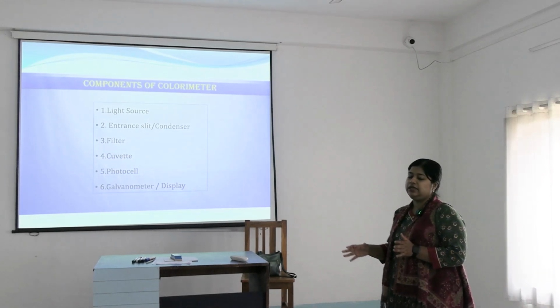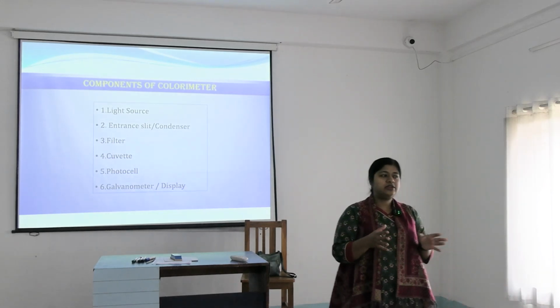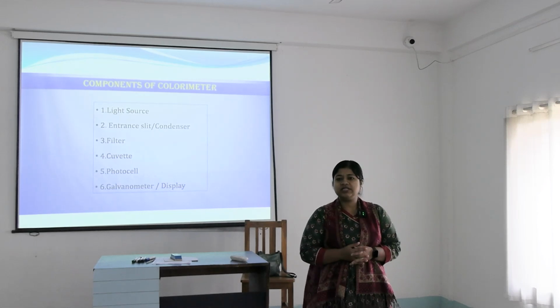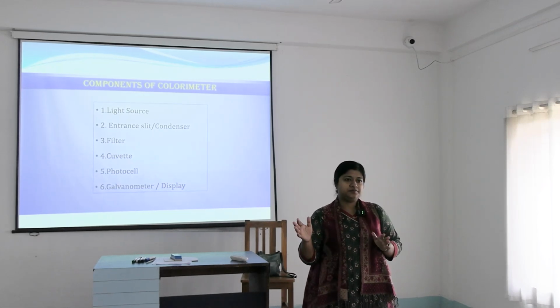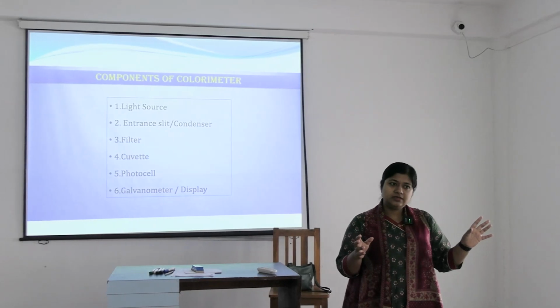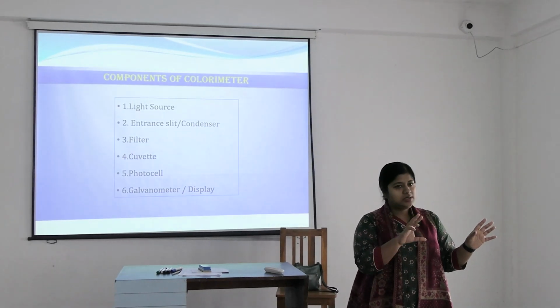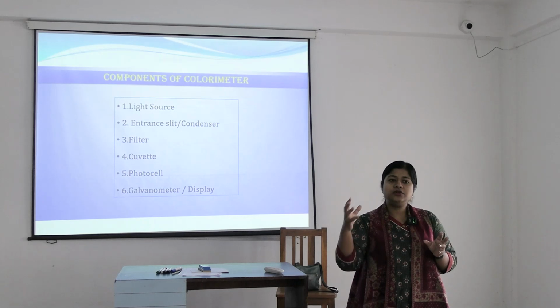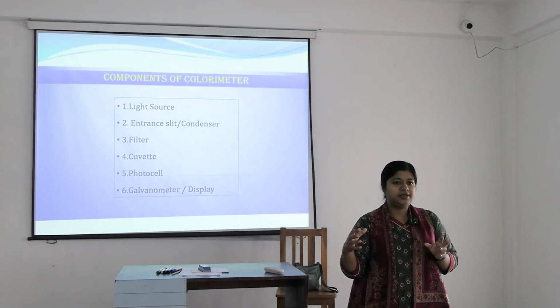So until this point in photometry, what are the things that we require in a photometric experiment or measurement? We need a light source, a solution, and a photocell. Why a photocell? To capture the emitted lights.